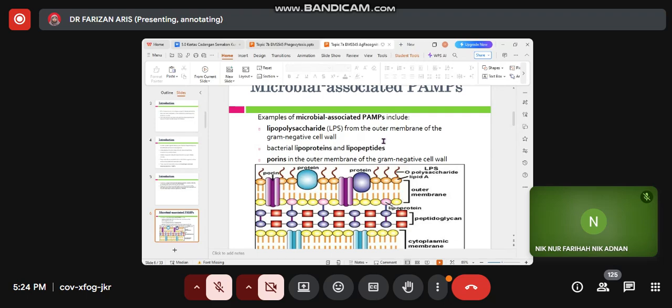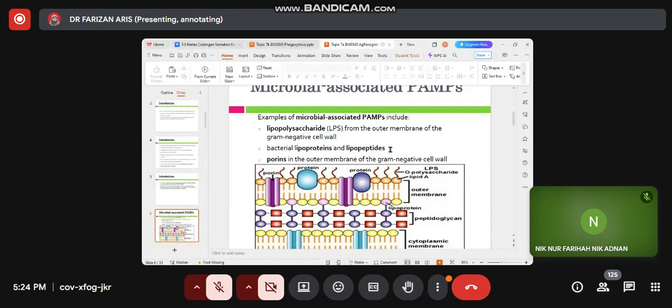Next, you need to know examples of PAMPs. PAMPs could comprise some structure or part of the pathogen itself. So it includes lipopolysaccharides. I believe you are already familiar with these because normally you learned this in cell biology, in the basic biology subject in the earlier semester of this program.